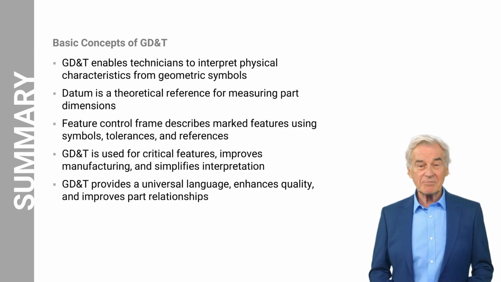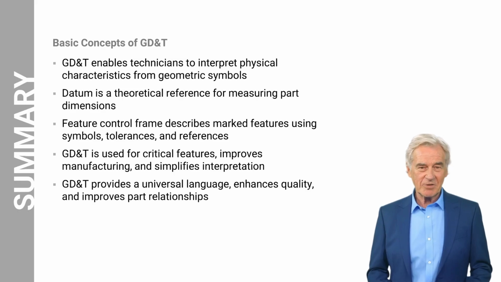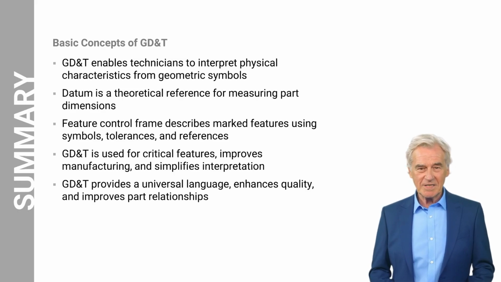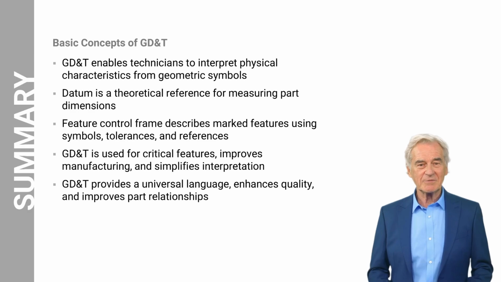In summary, geometric dimensioning and tolerancing is an important system in manufacturing that enables technicians to interpret physical characteristics from geometric symbols on technical drawings. It utilizes datums, which are theoretical references for measuring part dimensions, and feature control frames that describe marked features using symbols, tolerances, and references.